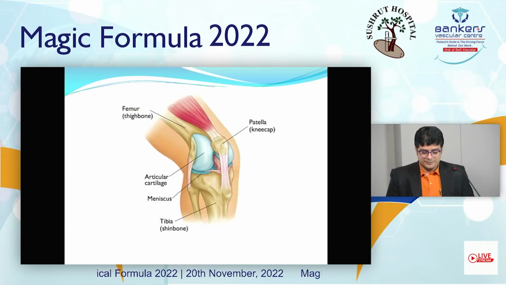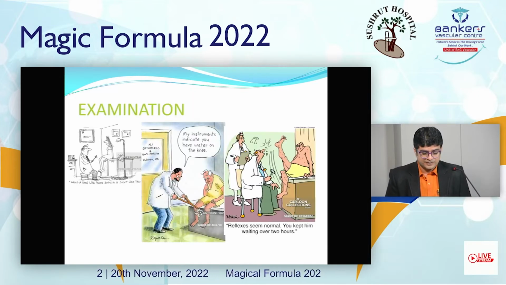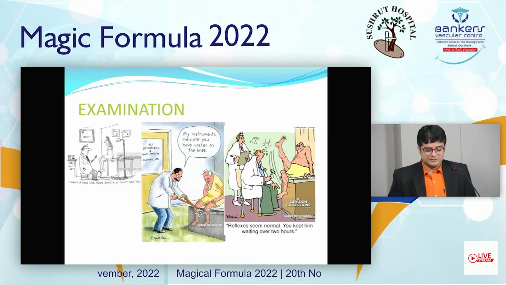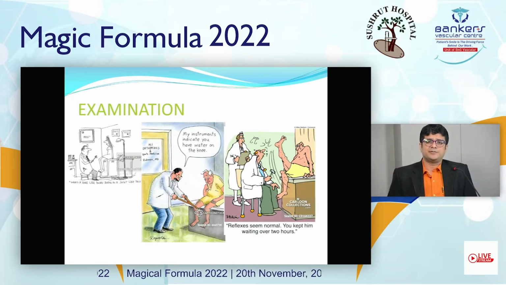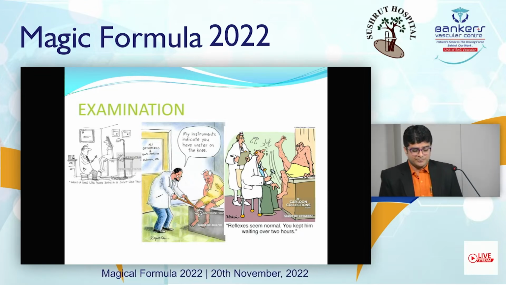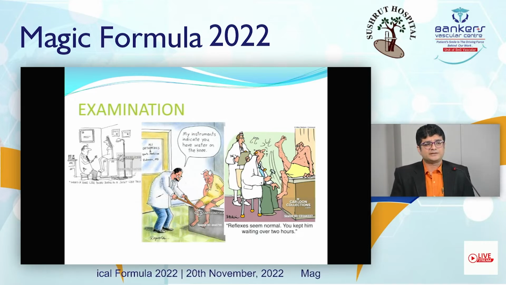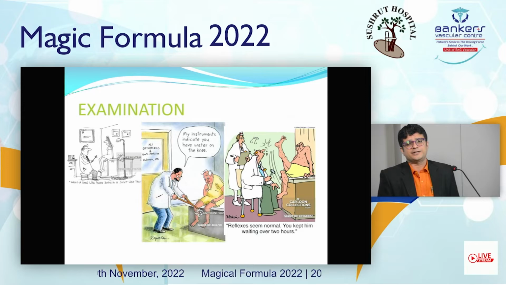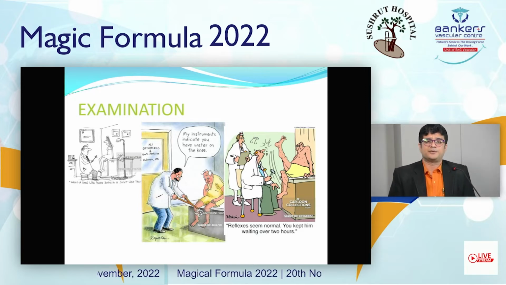This is just a schematic diagram of the knee joint showing the various ligaments and the tibia and the femur. First important thing when a patient of knee pain comes to us is an examination. Clinical examination is very important. The pattern of pain is very important. As Dr. Abhilasha mentioned, whether the patient has a rest pain, night pain, tenderness is very important. Which part of the knee joint has tenderness, that is also very important.